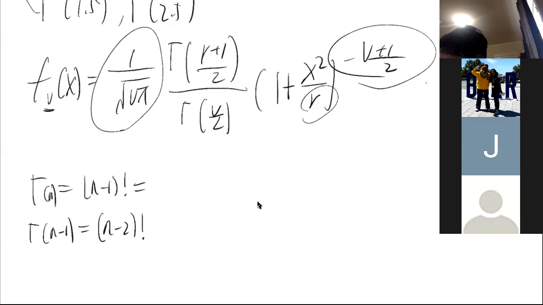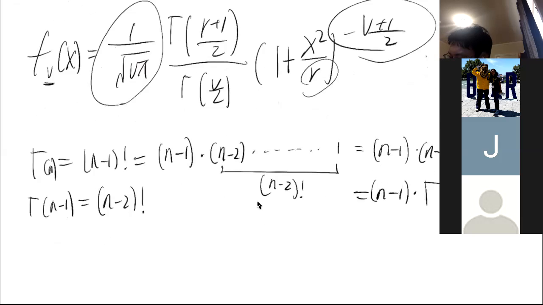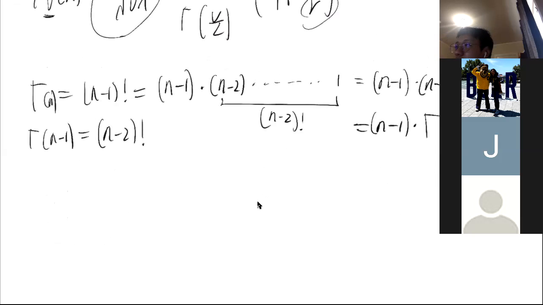N minus 1 factorial is n minus 1 times n minus 2 times, down to 1. So this part is n minus 2 factorial, which means it equals n minus 1 times gamma of n minus 1. So it's a recurrence relationship.